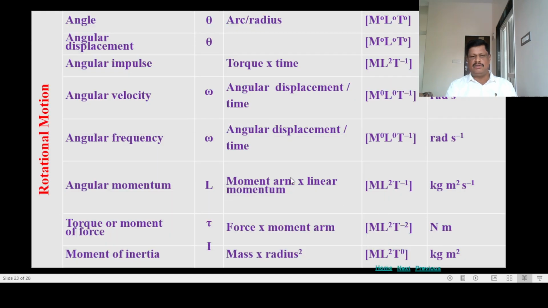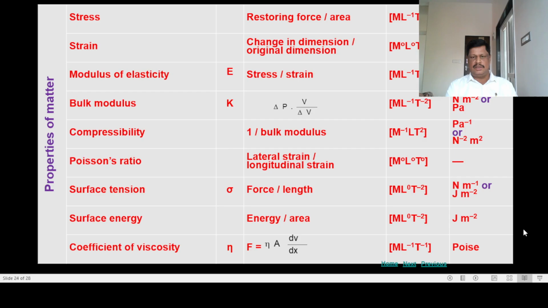This table gives the dimensional formula and units of different physical quantities. This is another table giving the dimensional formula and units of stress and strain. Strain has no dimensional formula and no unit because it is a ratio. All moduli of elasticity have the same units and same dimensional formula.